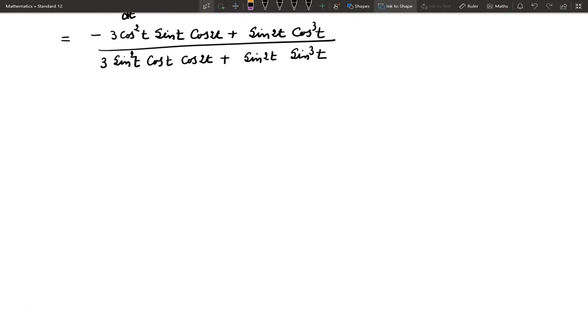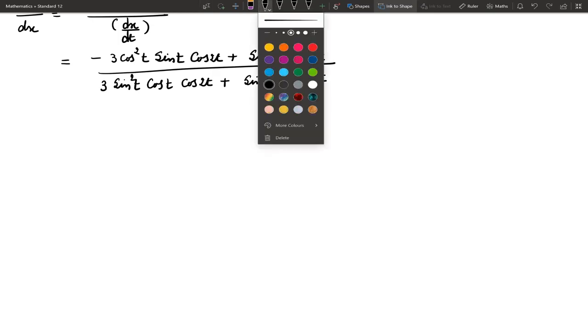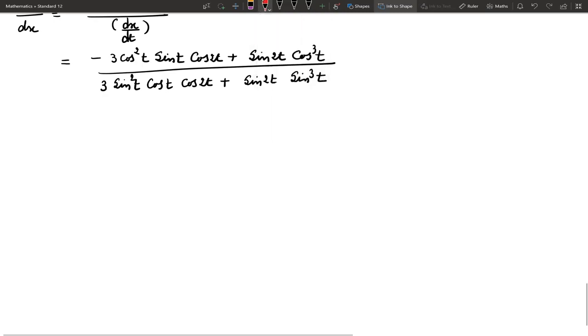So we use the formula for cos 2t in the numerator. We use this formula. You are familiar with this result: cos 2t equals 2 cos square t minus 1, or 1 minus 2 sin square t.